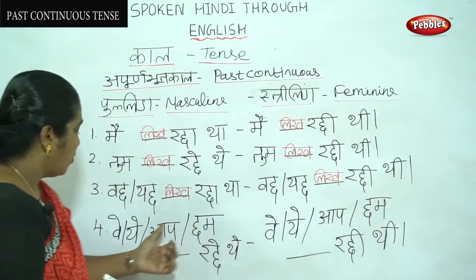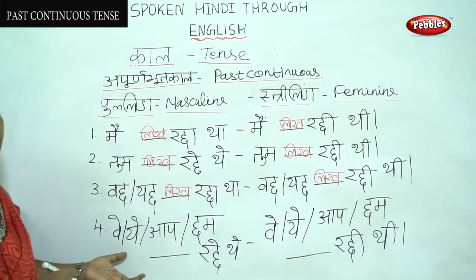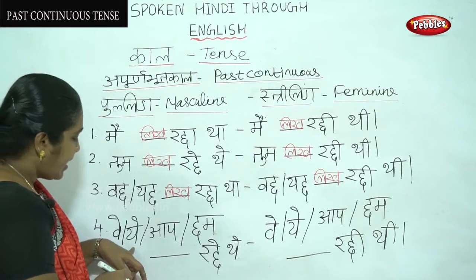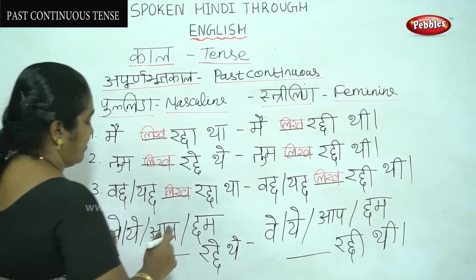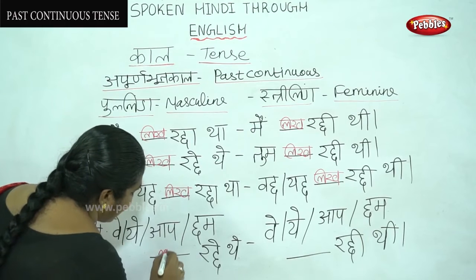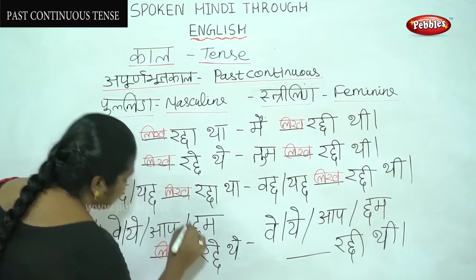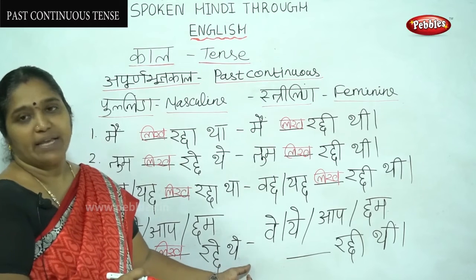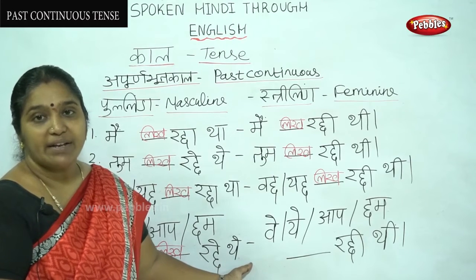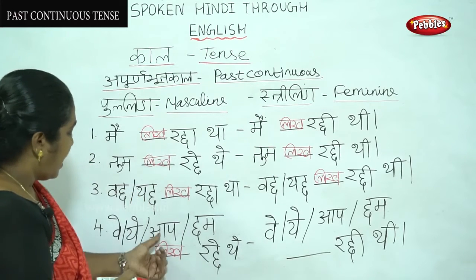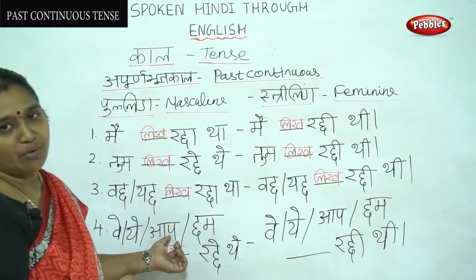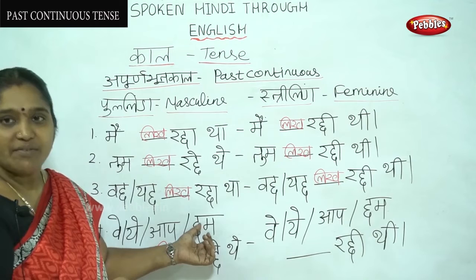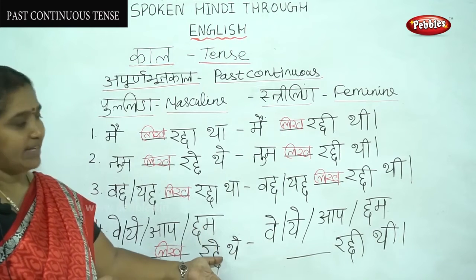Then going to the next one, that is the plural form: ve, ye, aap, hum. Here we have to write likh. Ve likh rahe the means they were writing. Here aap, this is the plural form, you were writing. Then hum means we. We were writing.